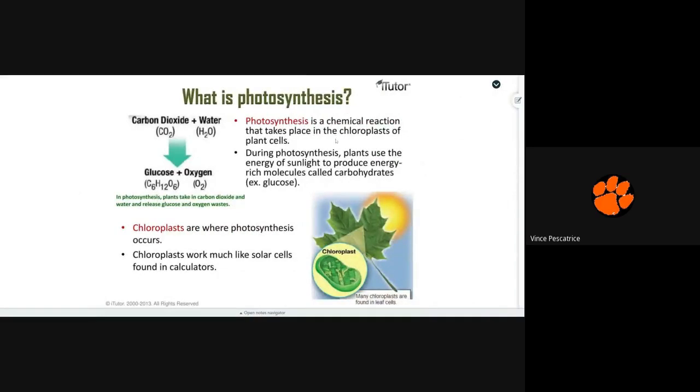All right, photosynthesis is a chemical reaction that takes place in chloroplasts of plant cells. During this reaction, they change the light energy into carbohydrate energy, which is a sugar.